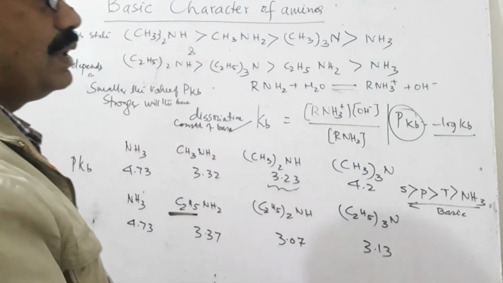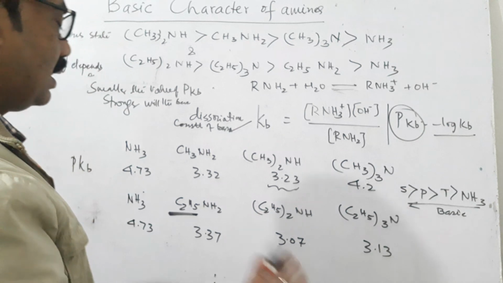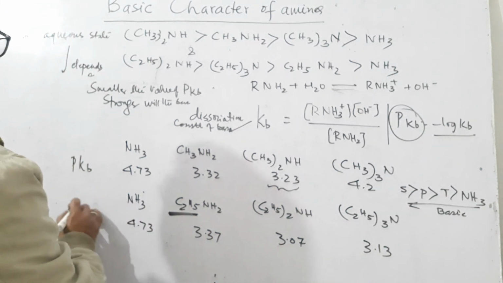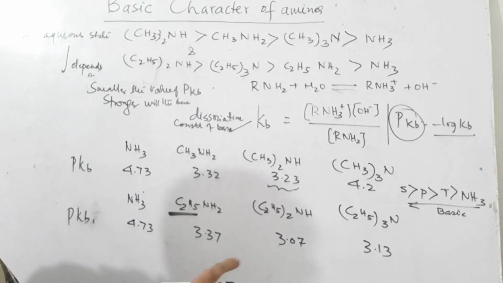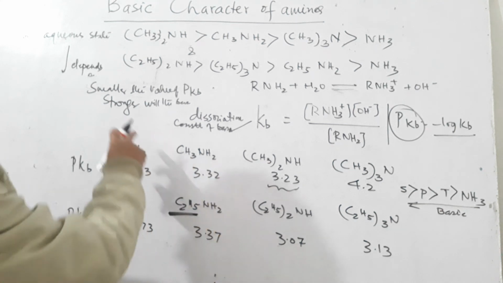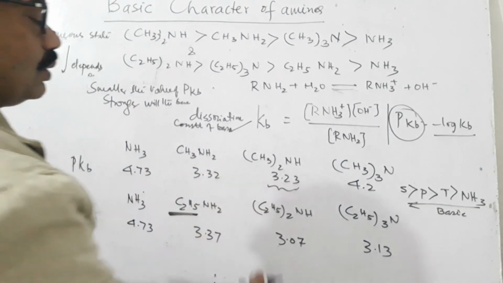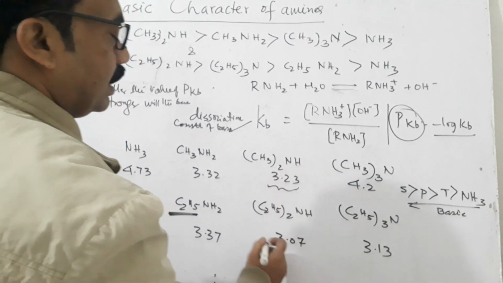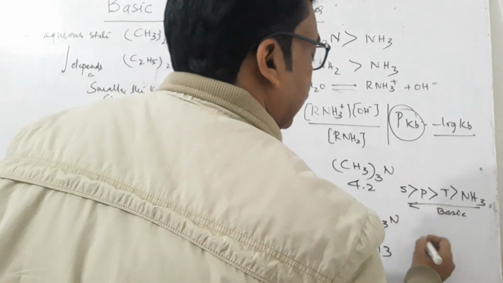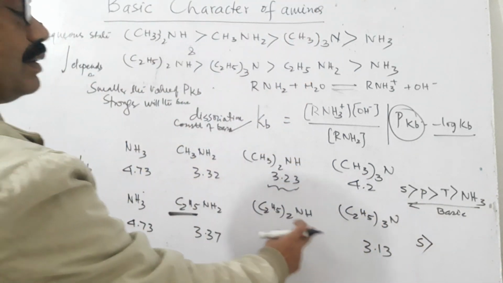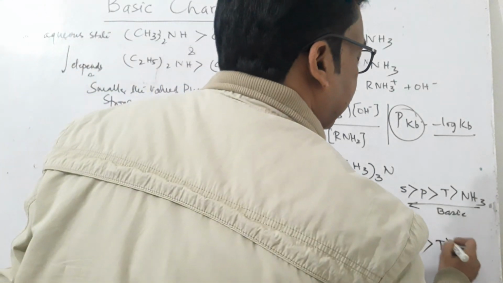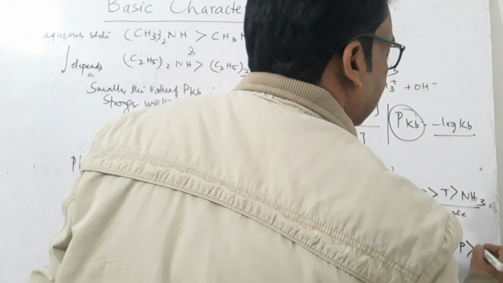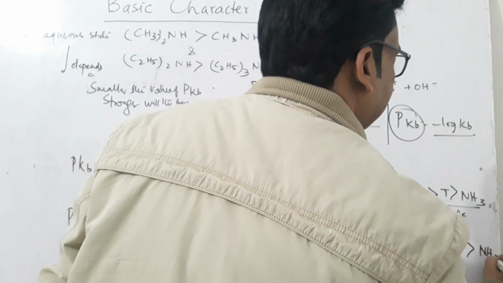In case the alkyl group is ethyl, now you can analyze the pKb values. The smaller the pKb value, the stronger the base. So in this case also, secondary, then tertiary, then primary, and lastly ammonia.